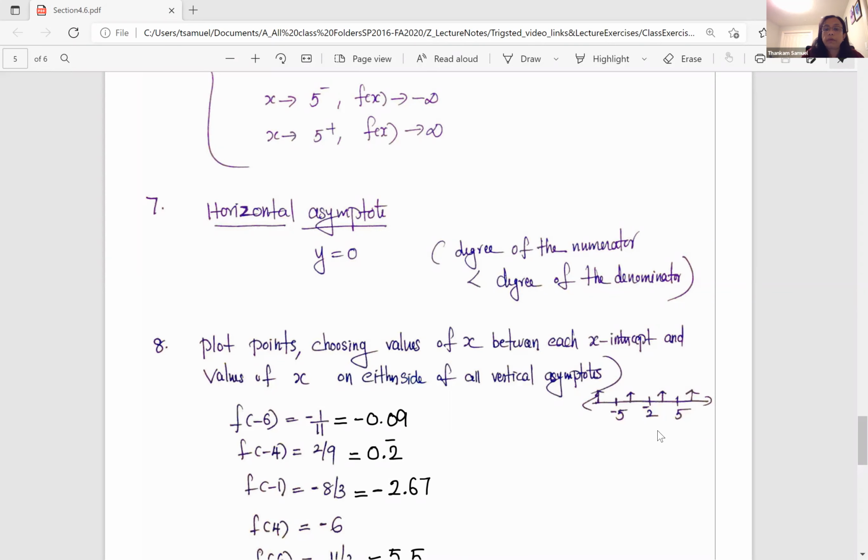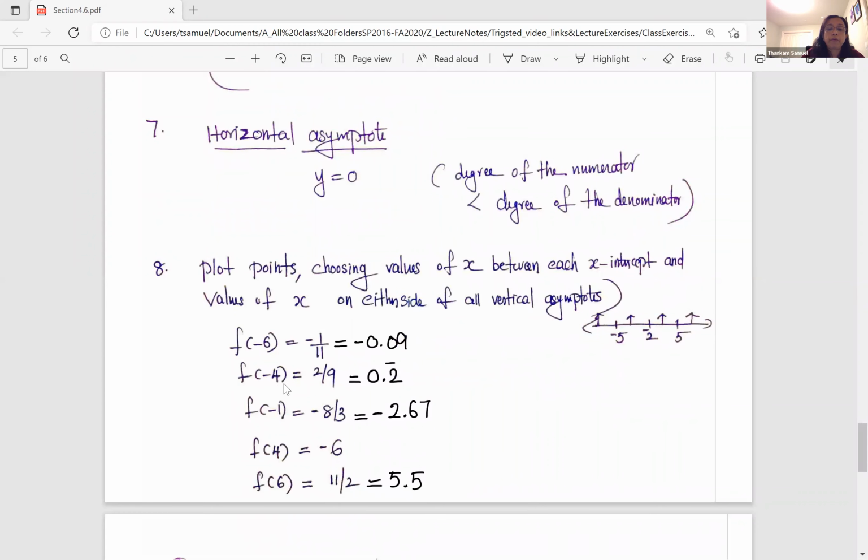Okay, so let's take a value like -6 to the left of -5. You will get a value like -0.09. And if you choose a value in between -5 and -2, you can choose any value. For convenience, I chose -4.